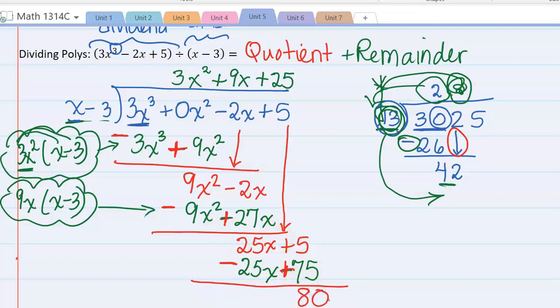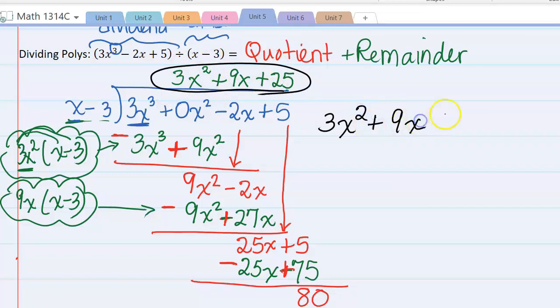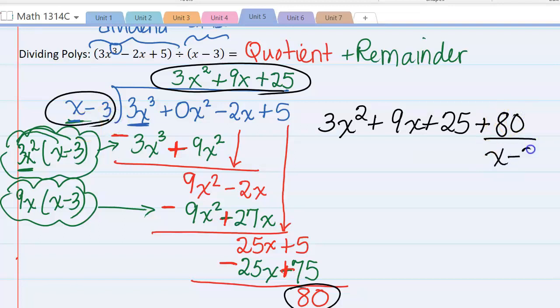So the answer for this problem would be our quotient, which is this guy right here, 3x squared plus 9x plus 25, plus our remainder. Our remainder was 80, that's what was left, and we would write that over our divisor, which is x minus 3.